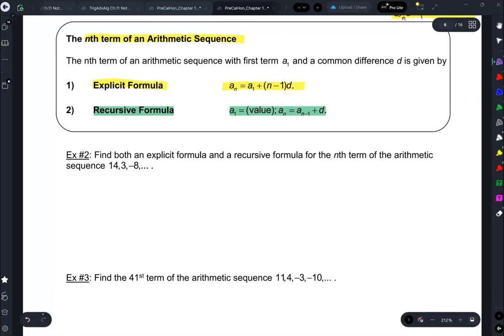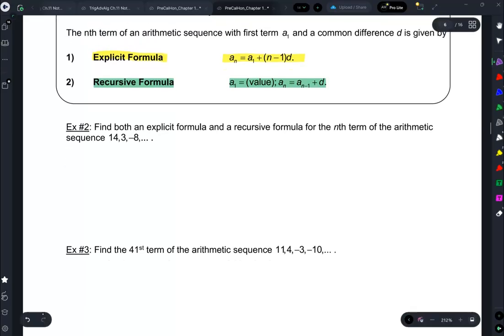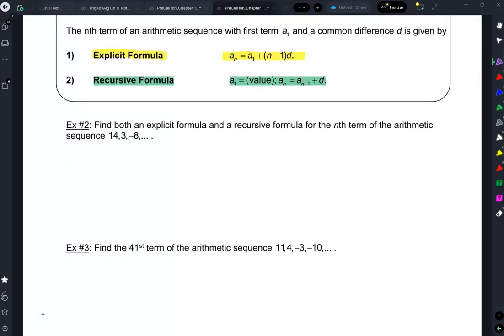So here we go. Write an explicit and a recursive formula for the nth term of this. Look at what you have here. A1 is 14. D is 3 minus 14, negative 11. So for the explicit, you have to plug this into the formula.